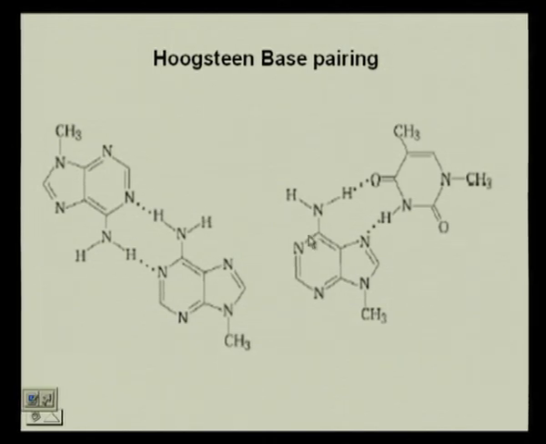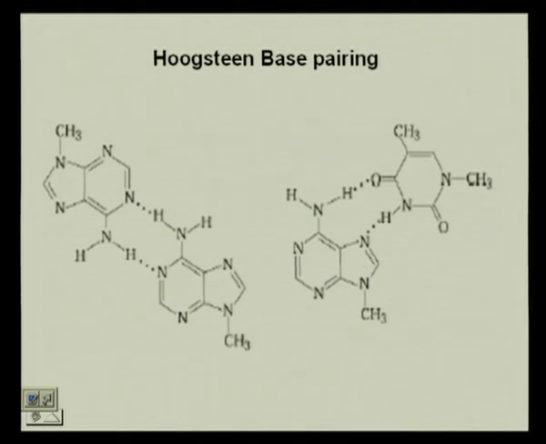We had this face that was forming the hydrogen bonds in the Watson-Crick base pairing. In the Hoogsteen base pairing, we have one hydrogen from the 6-membered ring and the nitrogen taking part in the hydrogen bonding from the 5-membered ring.